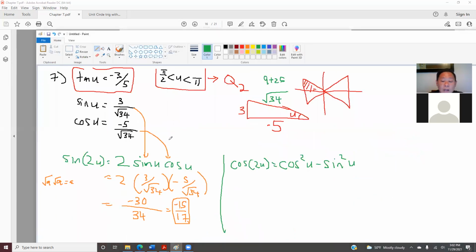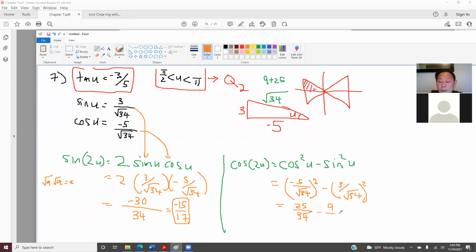So again, I just substitute my cosine and sine u over here. Squared means you square it. So cosine is this: I take -5 over the square root of 34 and square it. Minus sine, in this case 3 over the square root of 34, and I square it. This gives me 25 over 34 because the square and square root cancel.